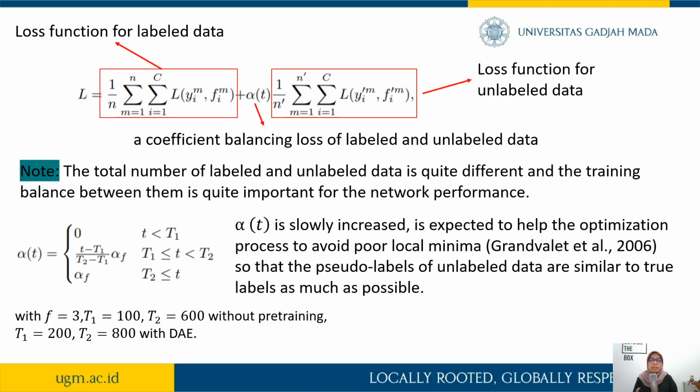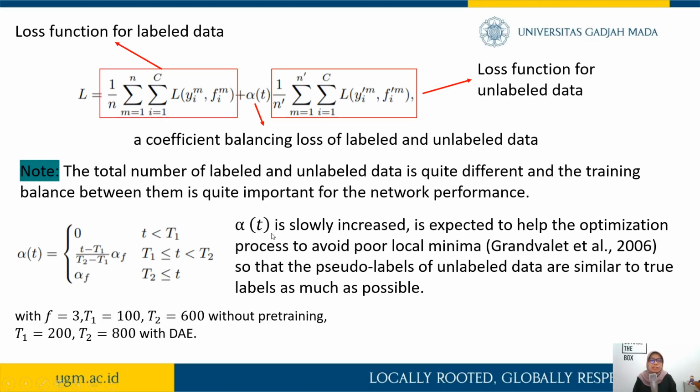The number of unlabeled data is usually bigger than labeled data, and the training balance between them is quite important for network performance. That's why the choice of the coefficient here needs to be done very carefully.